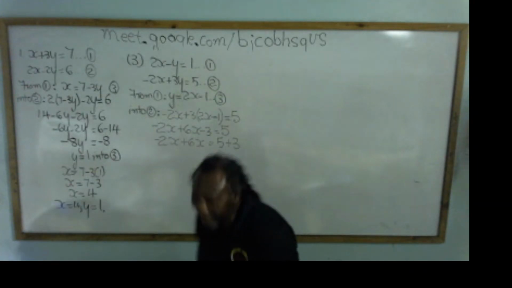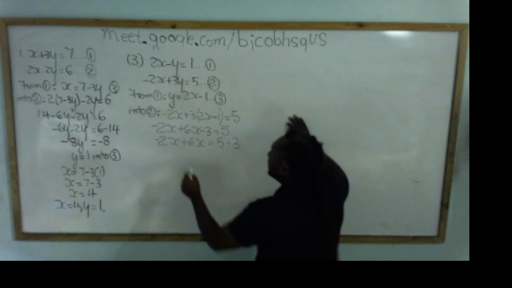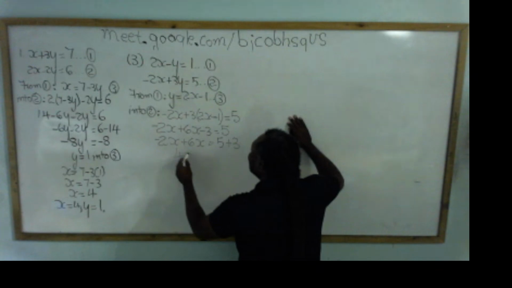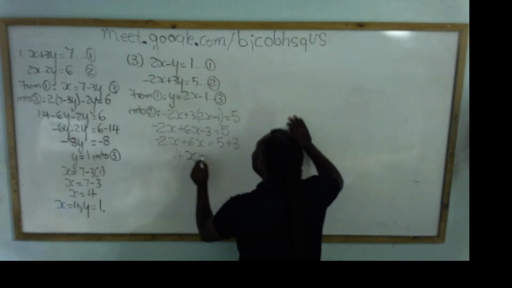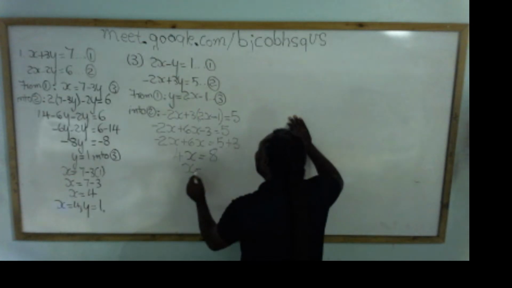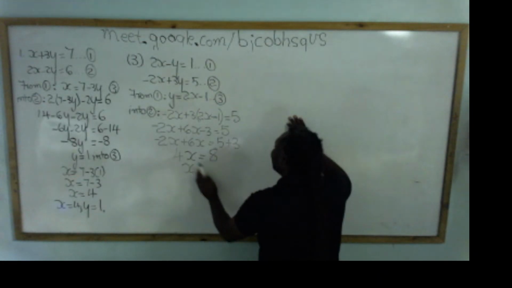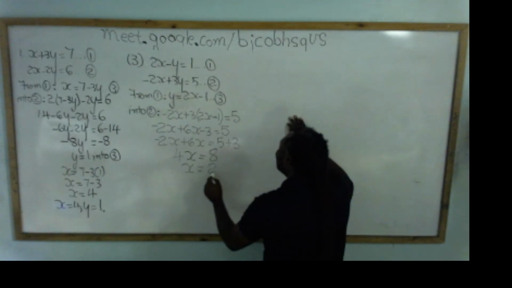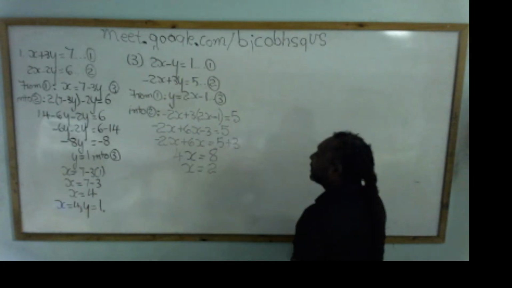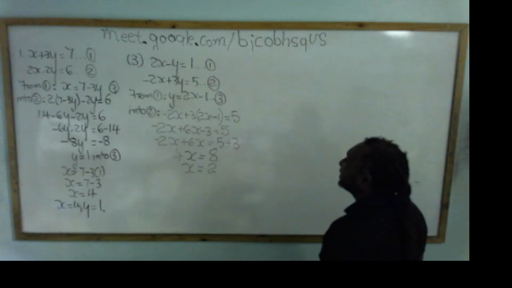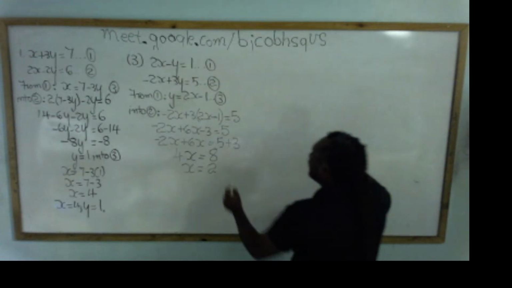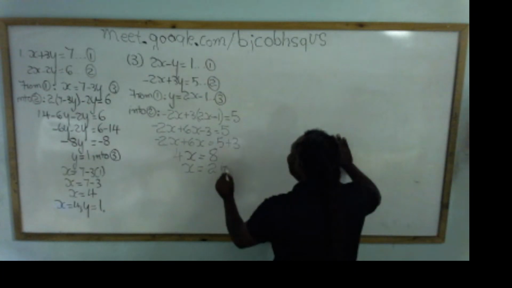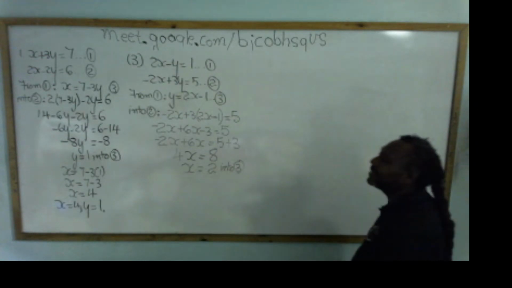4x. Students, at all steps of the game, you have to know your directed numbers, else you're going to make a meal of the problem. So x is equal to 8 divided by 4, which is equal to 2. And we're going to put that into the substitution equation, equation 3.